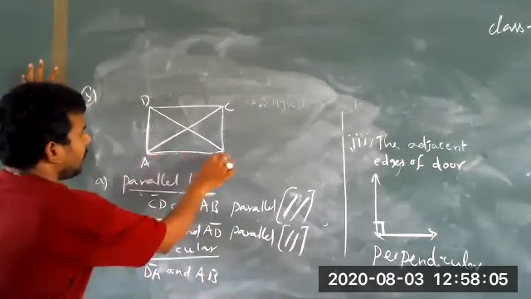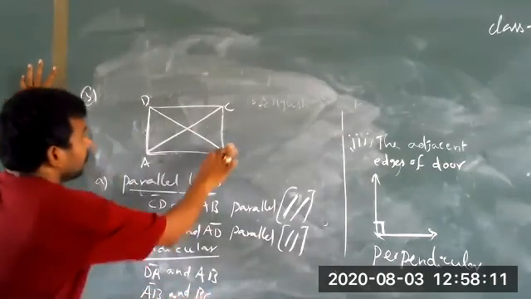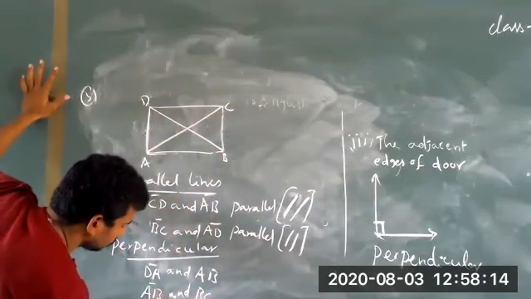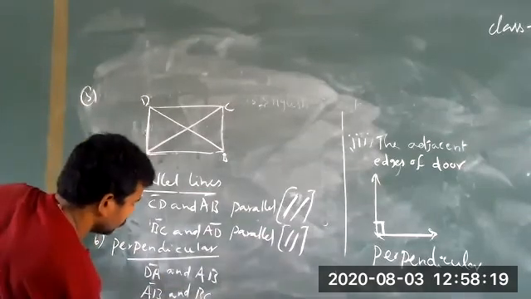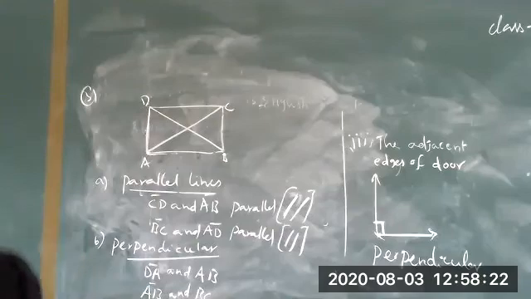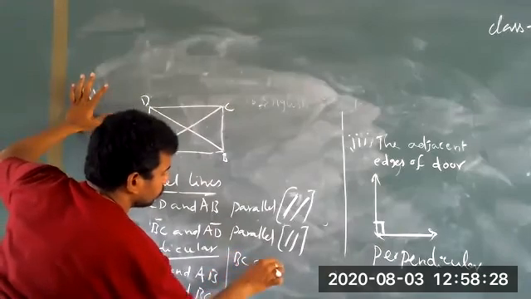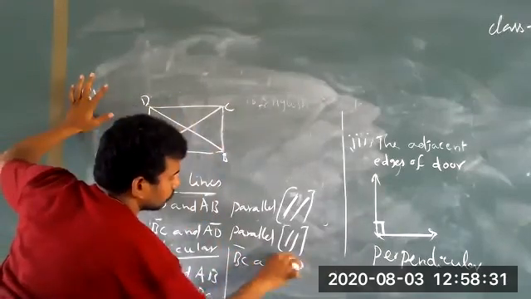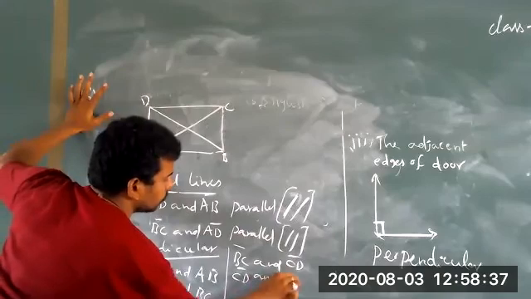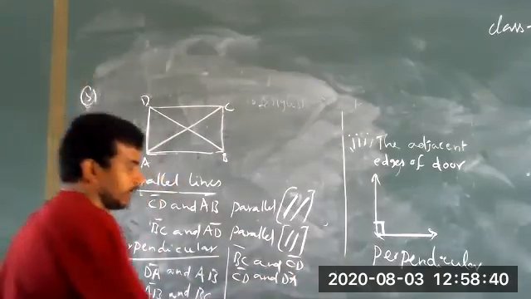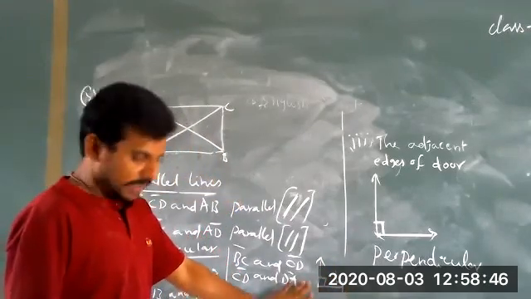One more pair, AB and BC. BC and CD, and CD and DA. So all are perpendicular. This is the perpendicular symbol.